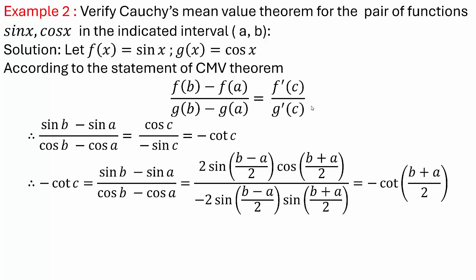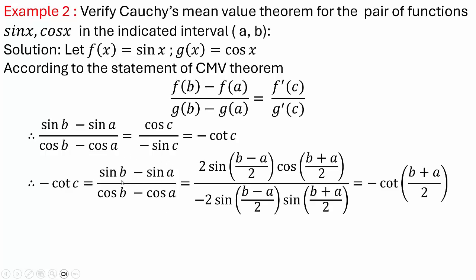From this we get sin b minus sin a divided by cos b minus cos a equal to f dash c is cos c and g dash c is minus sin c, which becomes minus cot c. But minus cot c can be written as sin of b minus sin of a divided by cos of b minus cos of a.